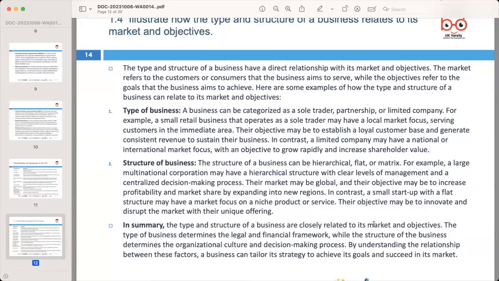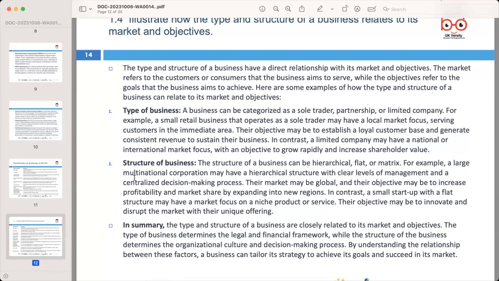In simple terms, if you go through that type of business structure, the objectives and strategies of businesses and organizations vary depending on their type and market focus. Sole traders prioritize building a local customer base and generating consistent revenue.